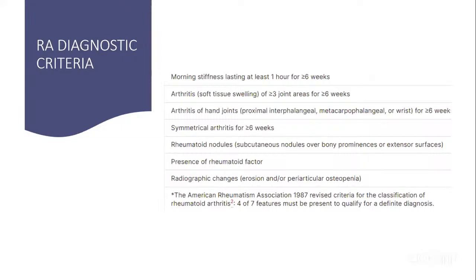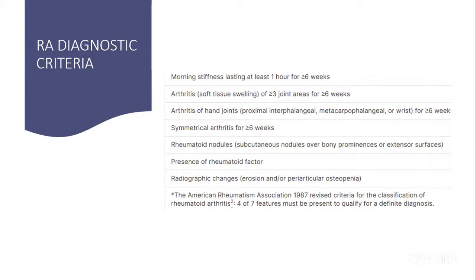And going by the American Rheumatism Association diagnostic criteria, we're talking about patients having morning stiffness lasting at least 1 hour for 6 weeks or more, arthritis of 3 or more joints for about 6 weeks or more, arthritis of the small joints in the hand for 6 weeks, and is symmetrical. Then the presence of rheumatoid nodule and presence of rheumatoid factor, coupled with radiographic changes on X-ray.